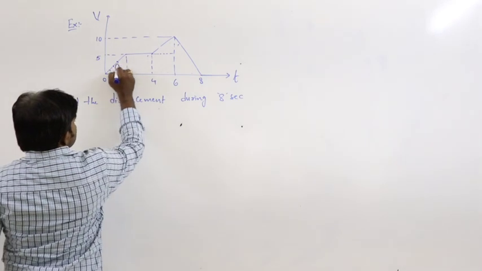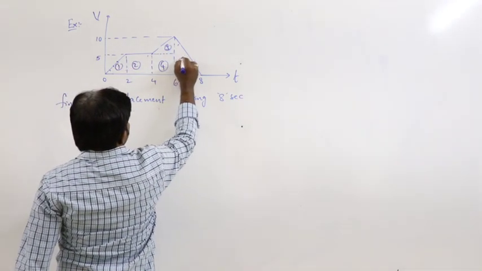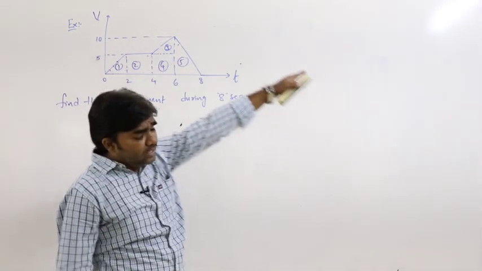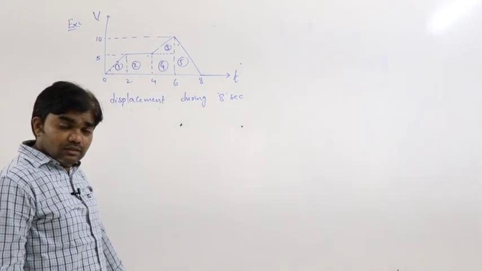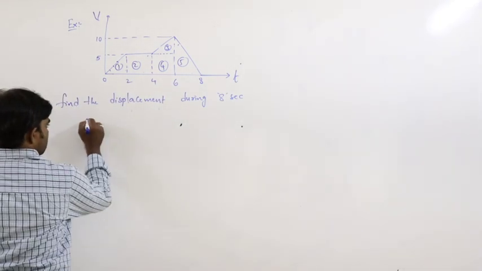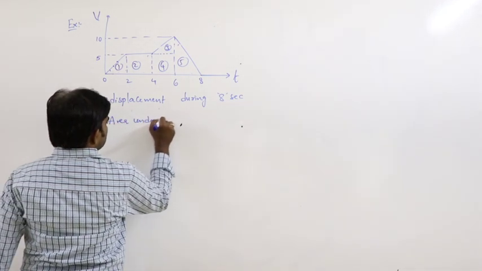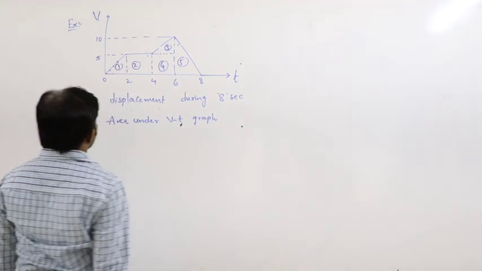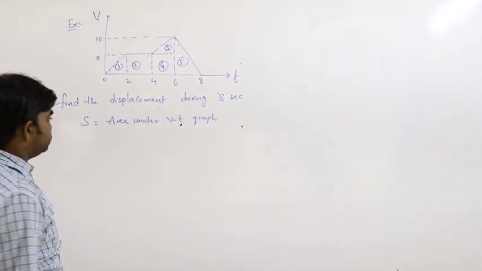So let us say it is the first shape, second shape, third shape, fourth, fifth shape. If we calculate the total area of this, we can get displacement. Displacement is equal to area under velocity time graph.